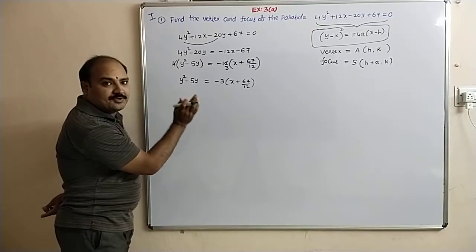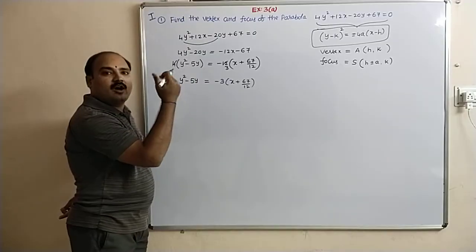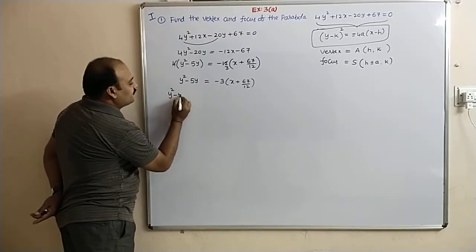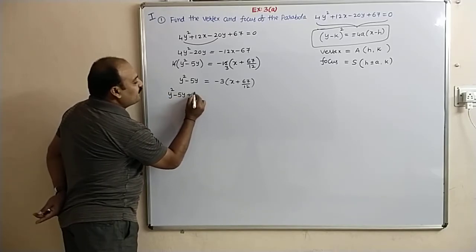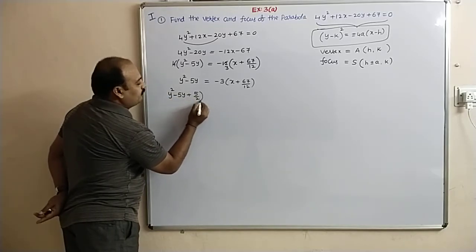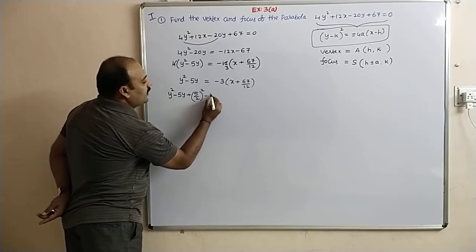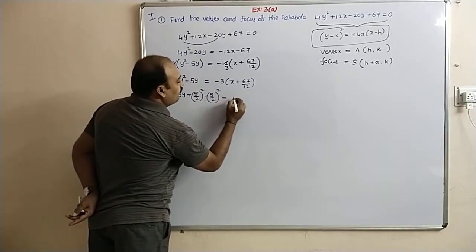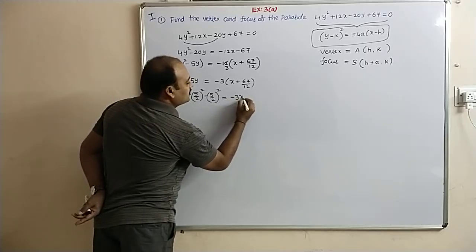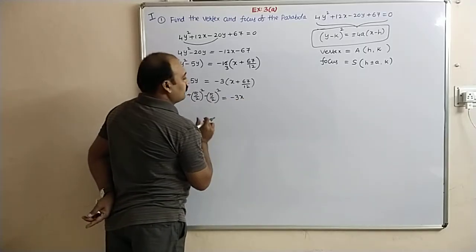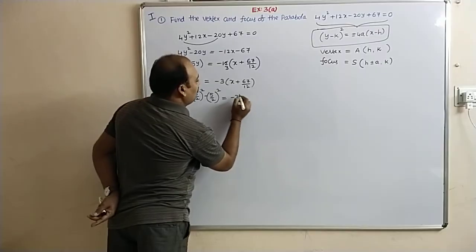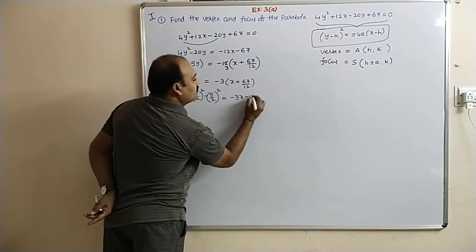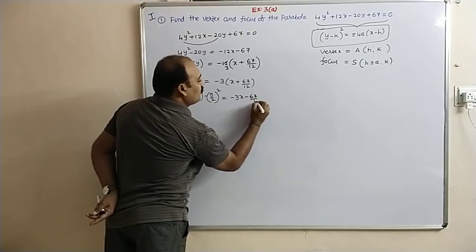The y coefficient here is 5, and half of that is 5 by 2. So y square minus 5y plus 5 by 2 whole square, we are adding and subtracting, is equal to minus 3x minus 67 by 4.